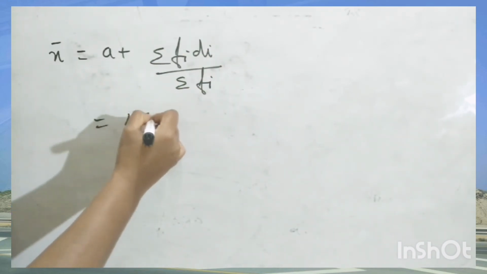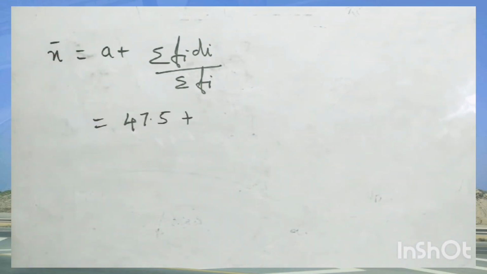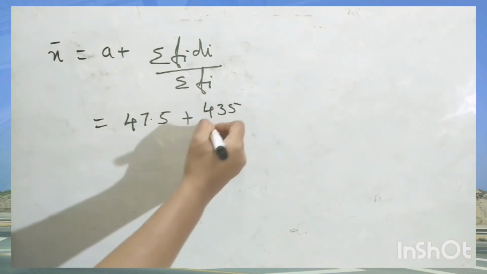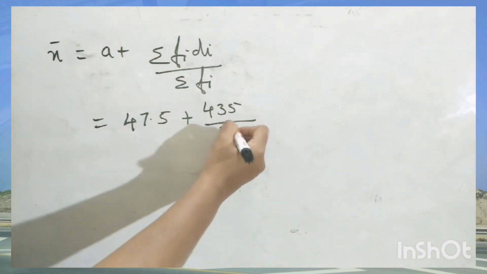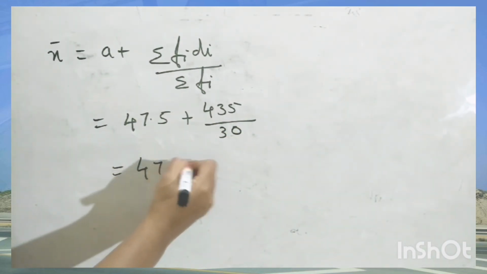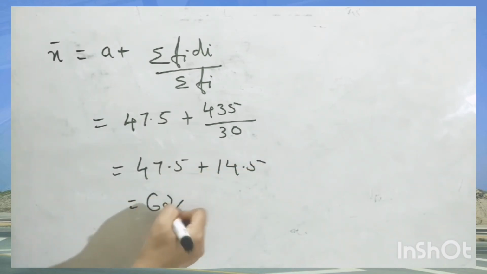A, we took it as 47.5 plus summation fi di, the sum of the last column is 435, divided by the frequency, that is 30, and this you will get as 47.5 plus 14.5. This is equal to 62.